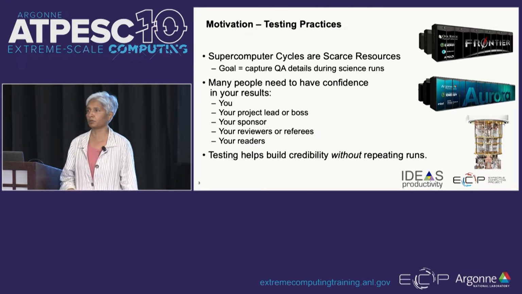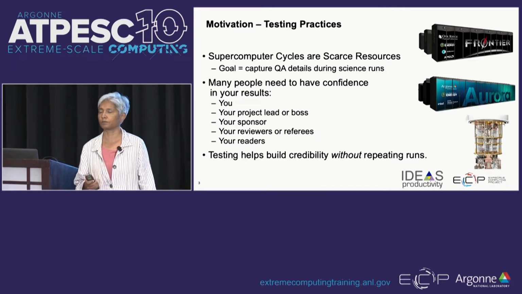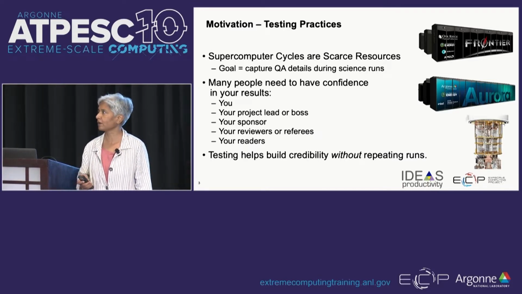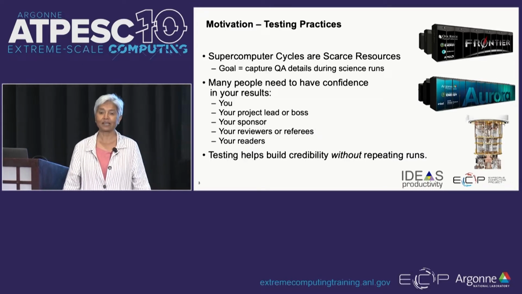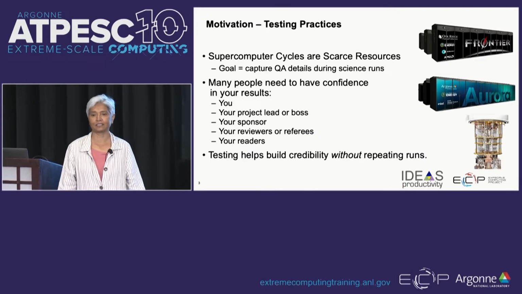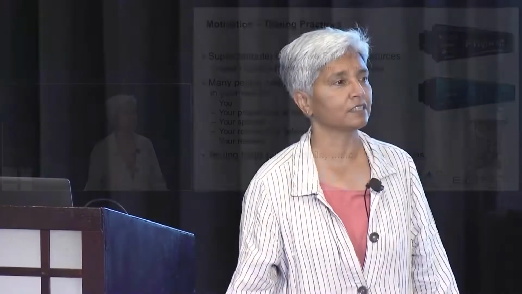Imagine how embarrassing it would be if you wrote a paper and then it turned out that your code didn't work right and that you have error in your data. And similarly, others like your project lead, boss, your reviewers, referees, your readers, they all need to have confidence in your data that you've actually done the science that you claim you're doing. And so testing helps build that kind of credibility in your science.